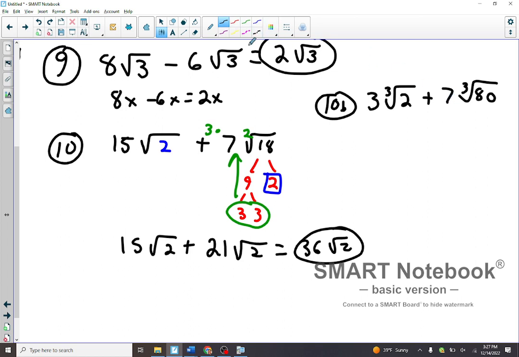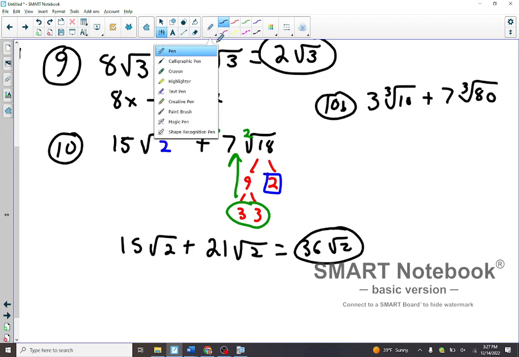And I'll make this, my bad, let's make this a root 10. So make it, they have to match, or otherwise there's no math to do.